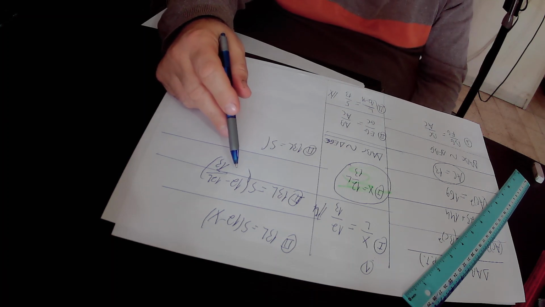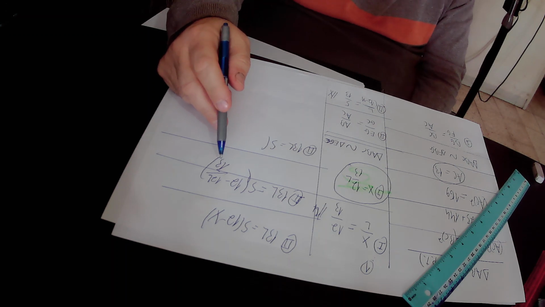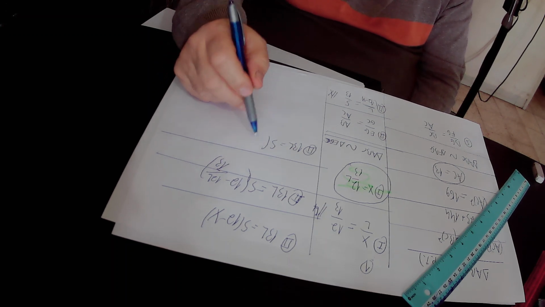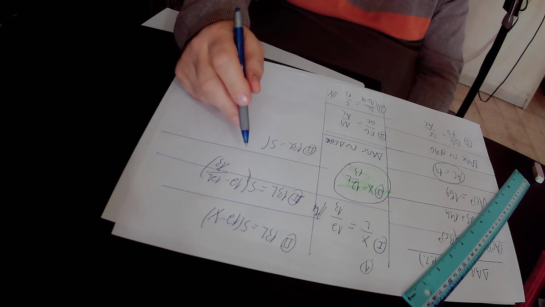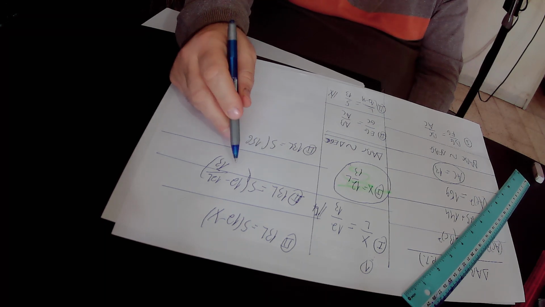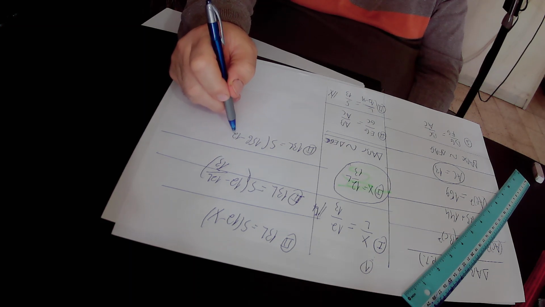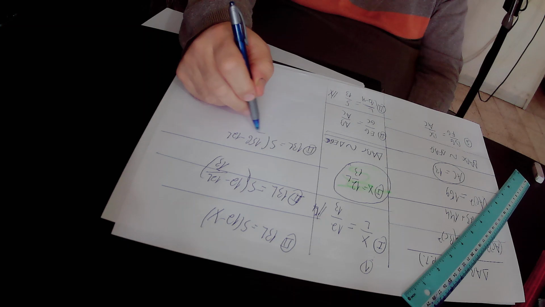Here we multiply 12 by 13 and then divide by 13 in order to have a common factor with this expression. So 12 times 13 is 156, so in total in the numerator we have 156 minus 12L divided by 13.